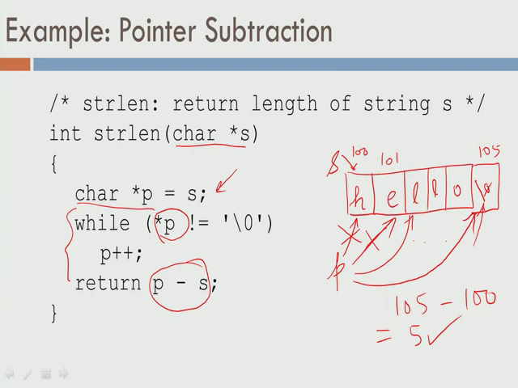At that point p got value 105 and if you do p minus s, it actually gives you 105 minus 100 which is 5. So, when you do arithmetic over pointers, if you do subtraction of pointers, you actually get an integer back and this is something that is very handy. We will see use cases for this in a lot more detail later.